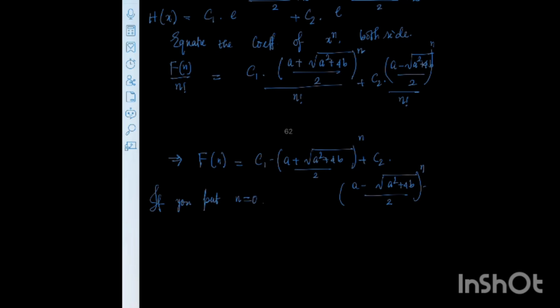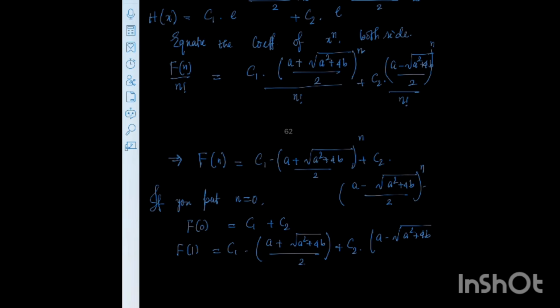If you put n equal to 0, we have f0 is c1 plus c2, and if you put n equal to 1, you get c1 times (a plus root of a squared plus 4b) divided by 2, plus c2 times (a minus root of a squared plus 4b) divided by 2.